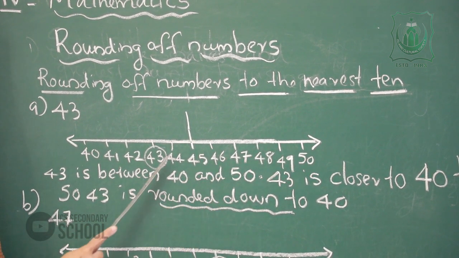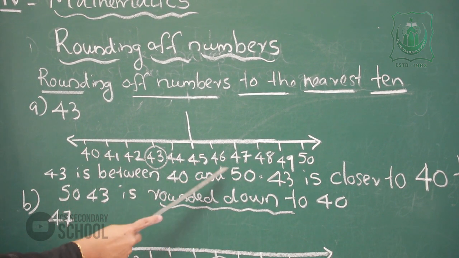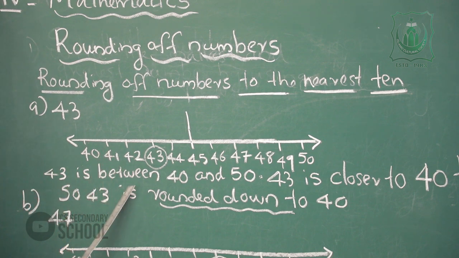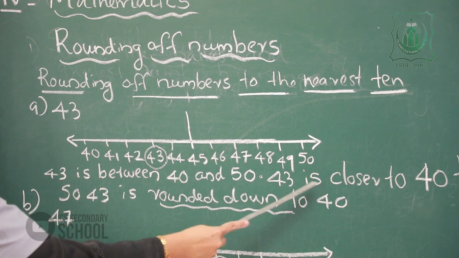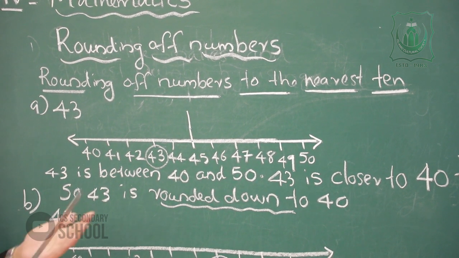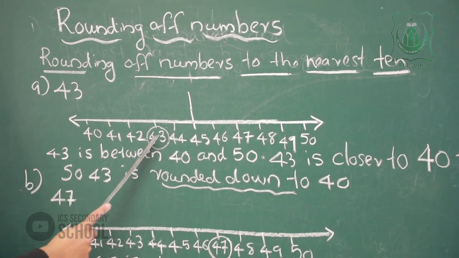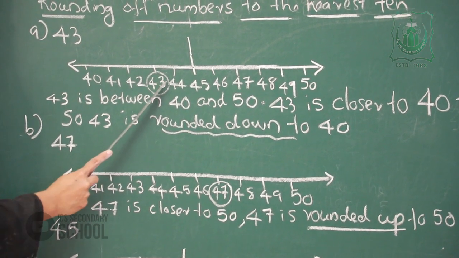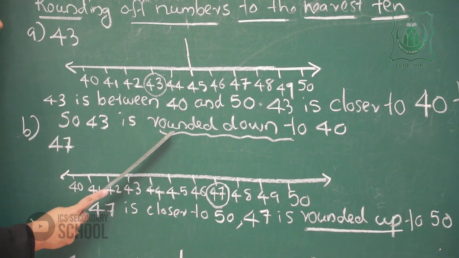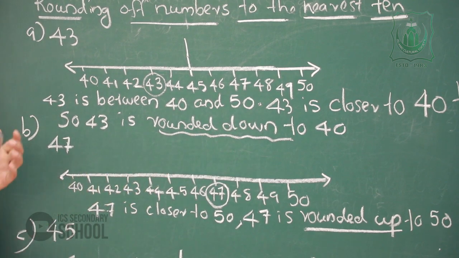Compared to 50, the 43 is closer to 40. So it is rounded down to 40. So it is rounded down.